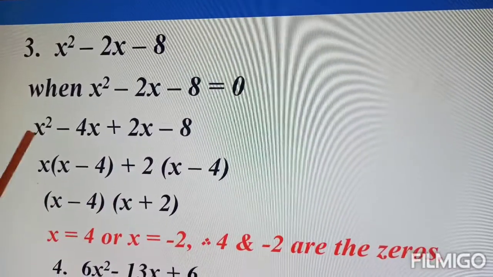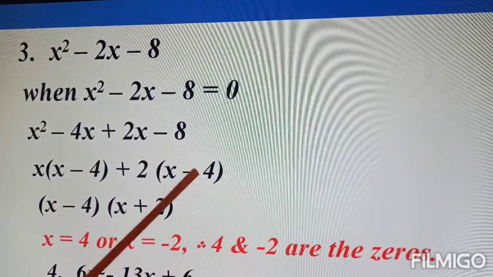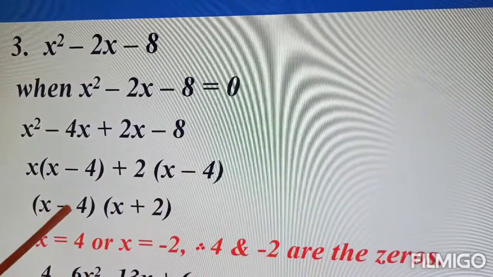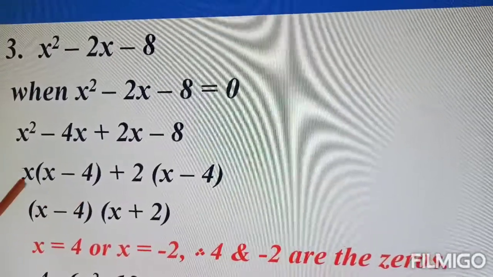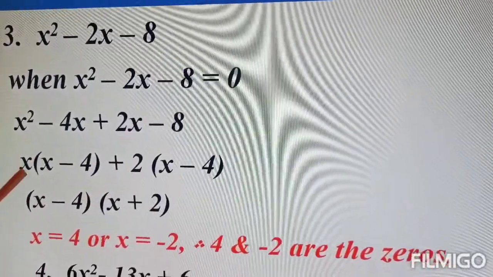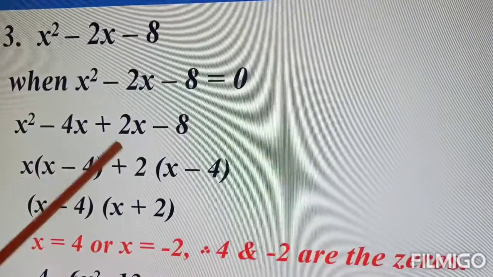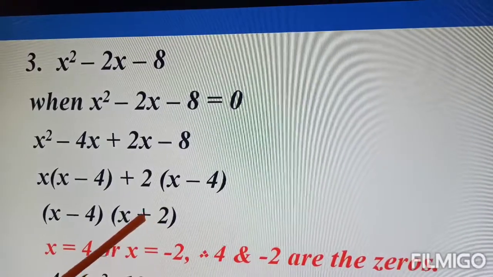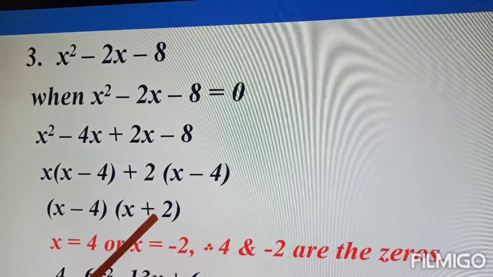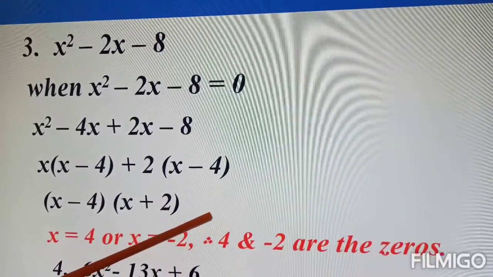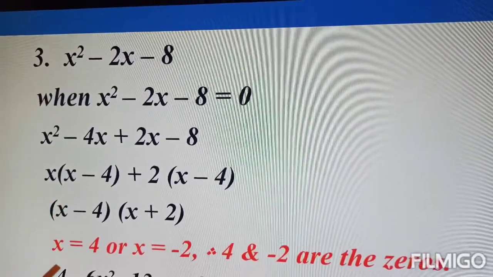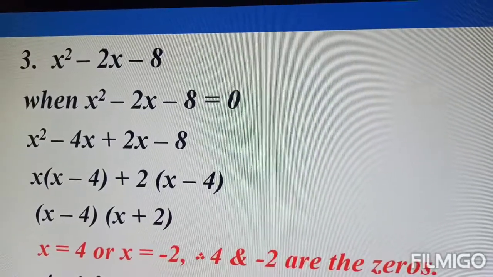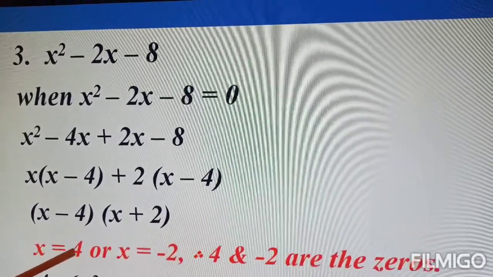Next, the same factors are there, no? X minus 4, x minus 4. From those two, we have to take one time. Then in another bracket, the coefficients x and 2, x plus 2, make another bracket. Now, both the brackets equate to 0. Then x keep on the left side, minus 4 transfer to the right side, we will get x value 4.